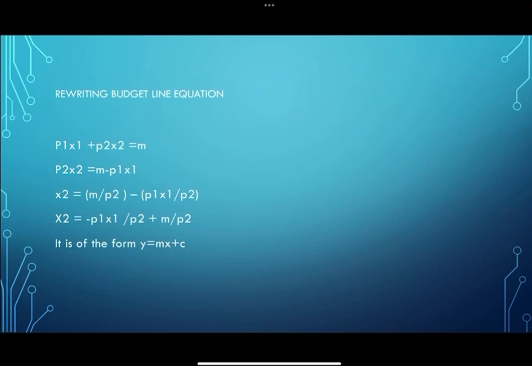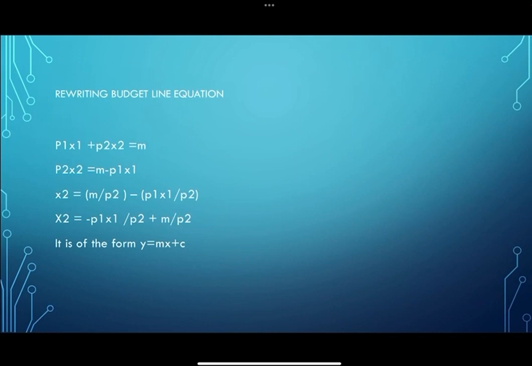Moving p2 to the right hand side, it becomes division, so m by p2 minus p1 x1 by p2.